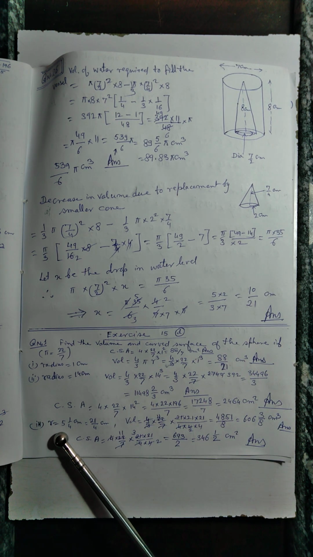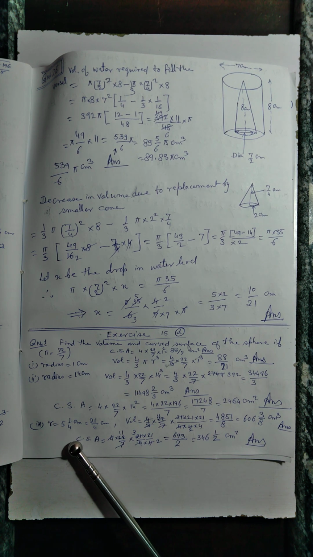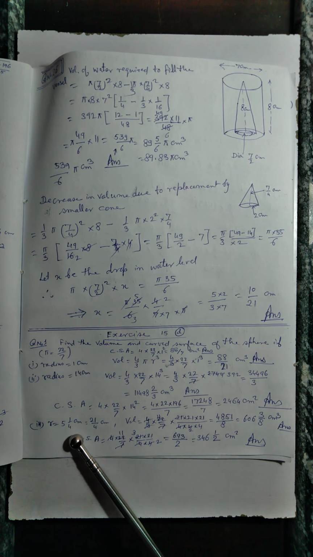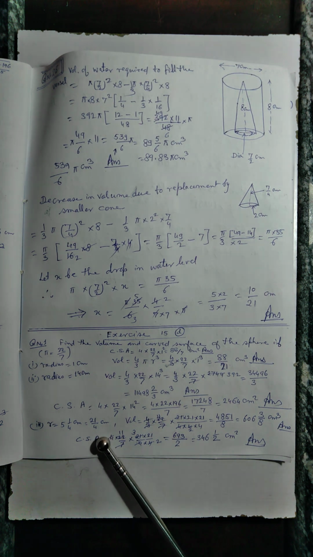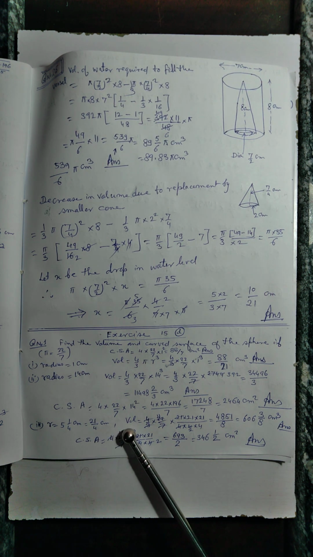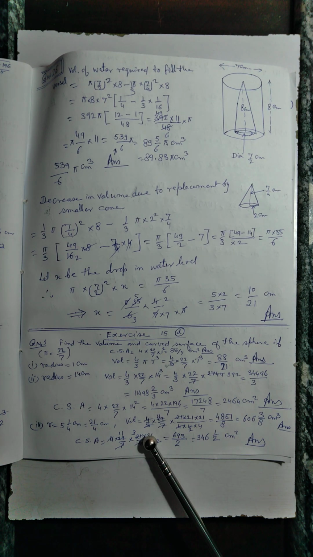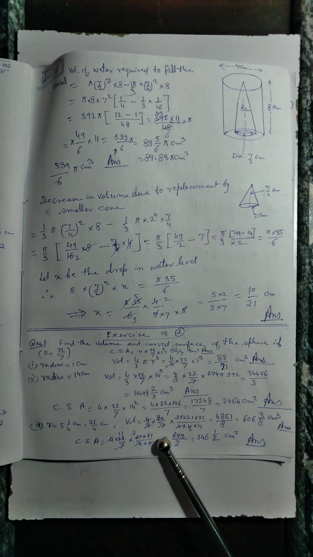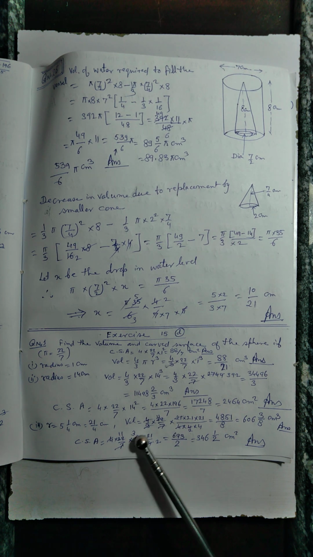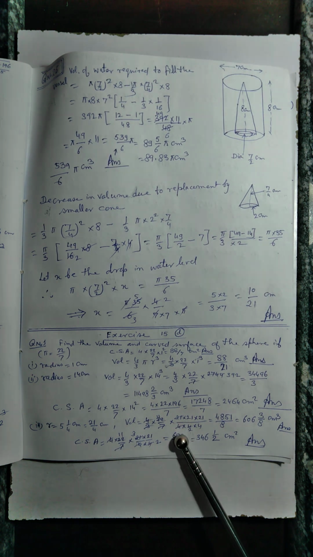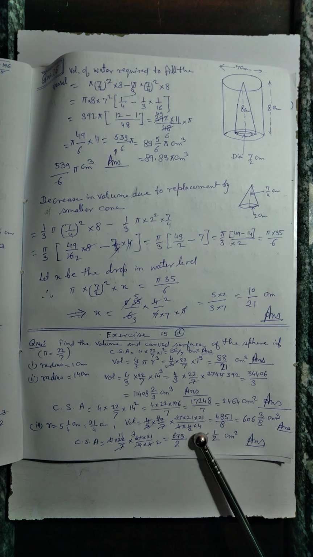Now come to the fourth part, that is the radius is given, that is 5 1/4 centimeter. That will be equal to 21/4 centimeter radius. So volume will be equal to 4/3 into 22/7 into 21/4. You see the radius is already given, so 21/4 into 21/4 into 21/4.